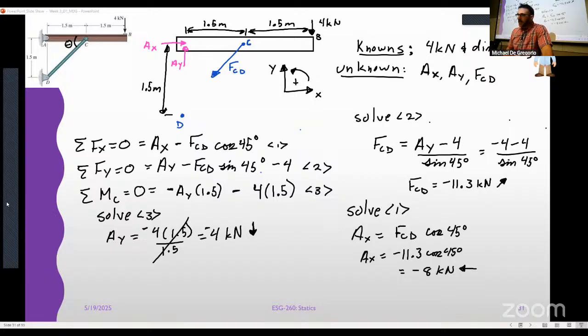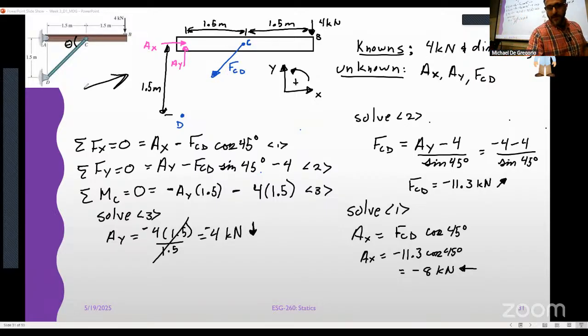And a lot of this is going to be rinse and repeat, right? Draw a free body diagram for the whole system. Put in the reaction forces, put in all of your applied forces, put in your distances, set up your coordinate axis. Once you have the free body diagram, writing sum of forces and sum of moments is really easy, right? Which is why I'm trying to tell you guys that the free body diagram is so important.